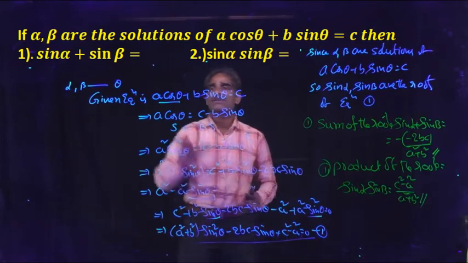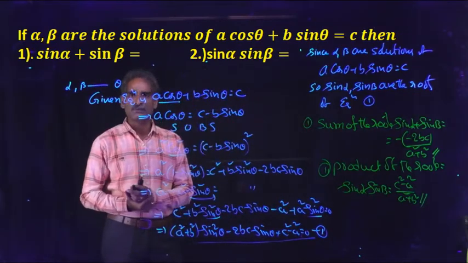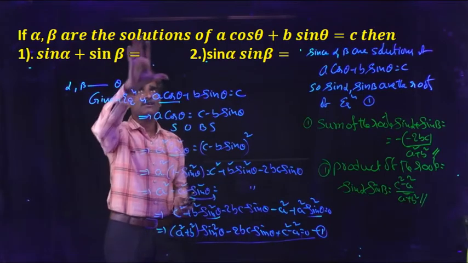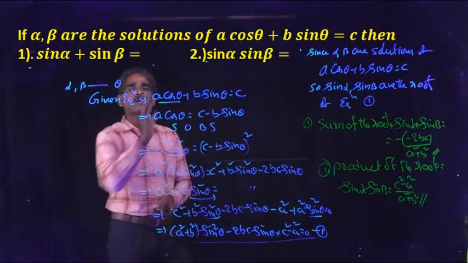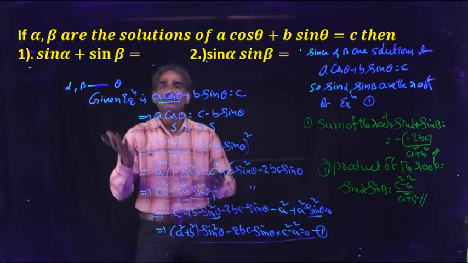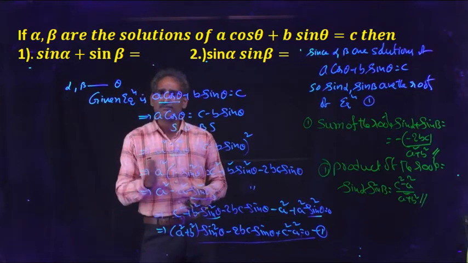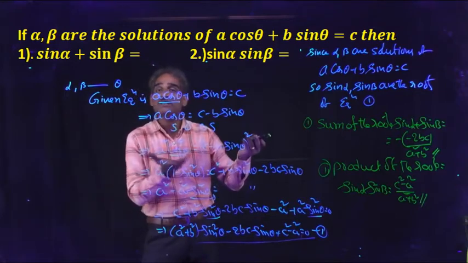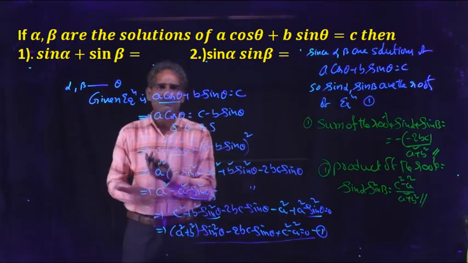This is the way to find sin alpha plus sin beta and sin alpha into sin beta. Suppose they give the same condition and ask for cos alpha plus cos beta, cos alpha into cos beta. How can you find it? Simple. If you want the sum and product of cos alpha, cos beta, the roots of a quadratic equation in terms of cos are cos alpha, cos beta.